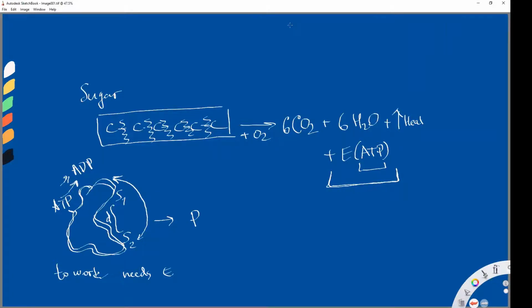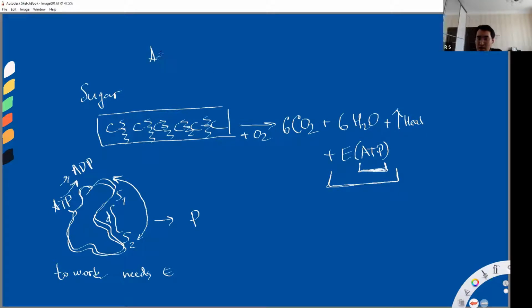And so ATP is just one type of molecule, or can carbohydrates have ATP? Okay, so ATP is the universal storage of easily accessible energy, and it's adenosine triphosphate.